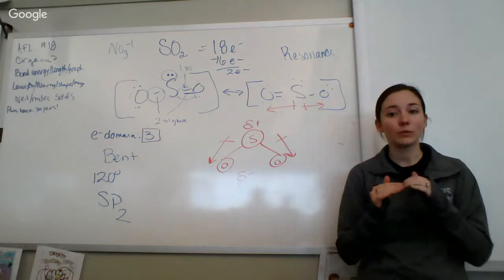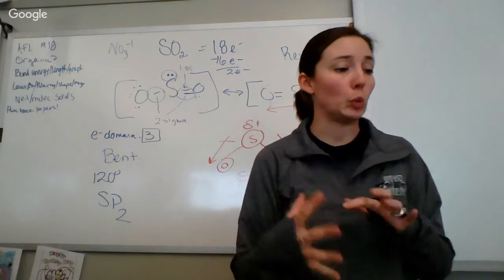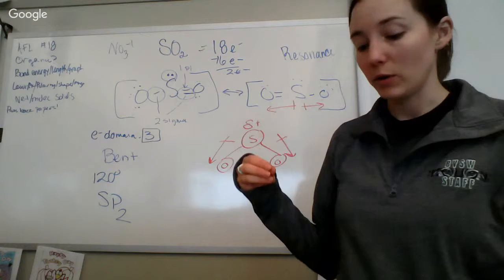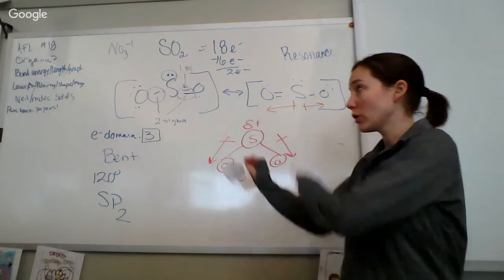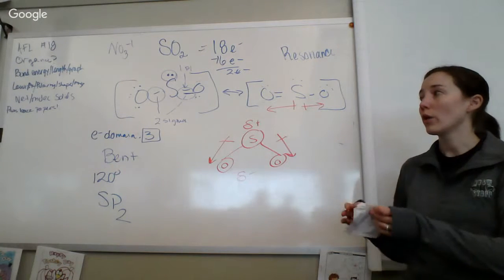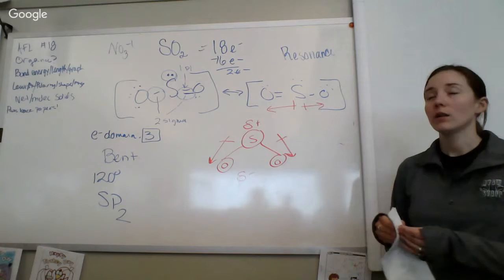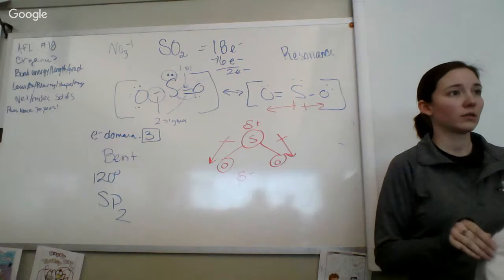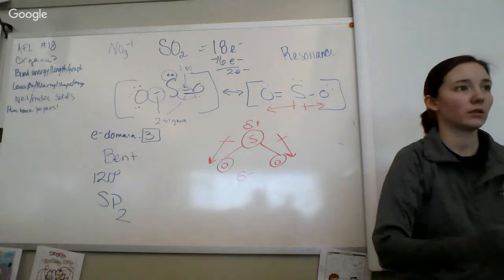Okay, so we've got probably enough time to do one more topic. Would you guys rather it be organic, another Lewis structure like we did here, or the bonding types?